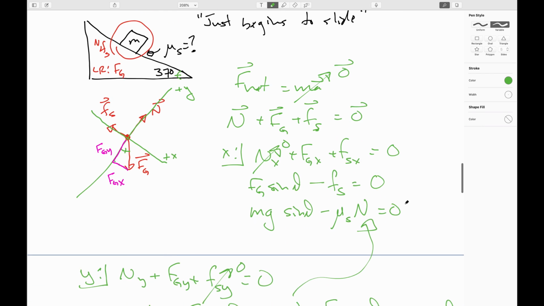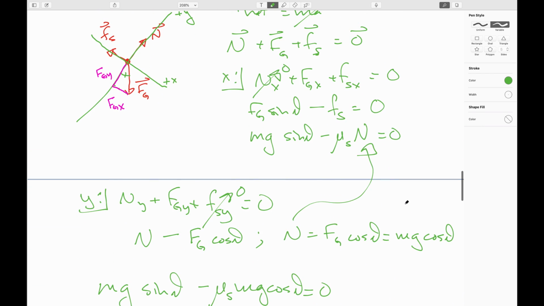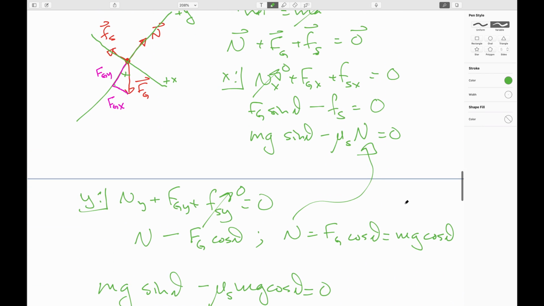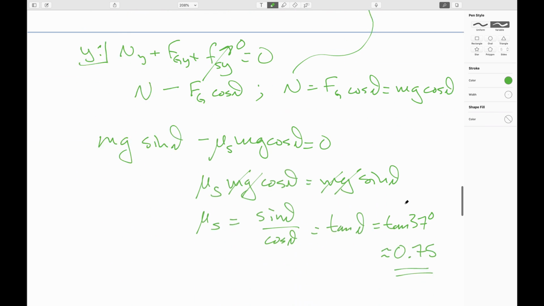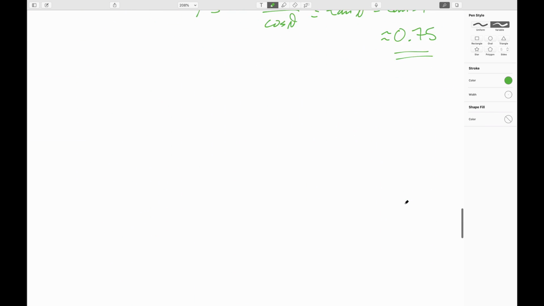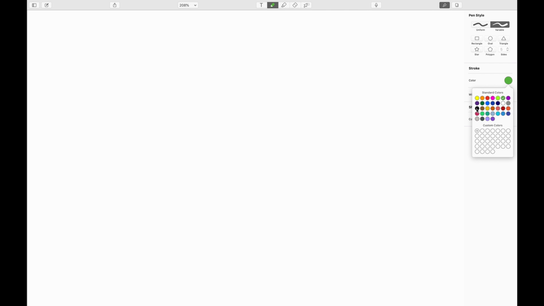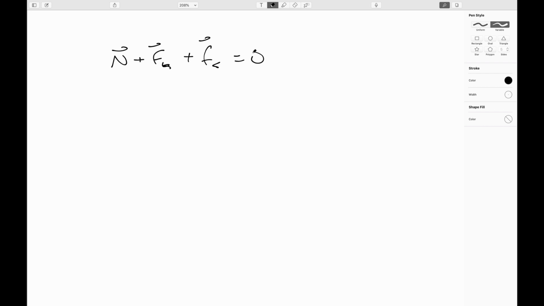Okay, now I did promise potential extra bonus content here, and I think I'll go ahead and present it, but you don't have to if you don't like it. So when we look at the equation of motion here, we said that the normal force plus gravity plus the force of static friction equals 0.